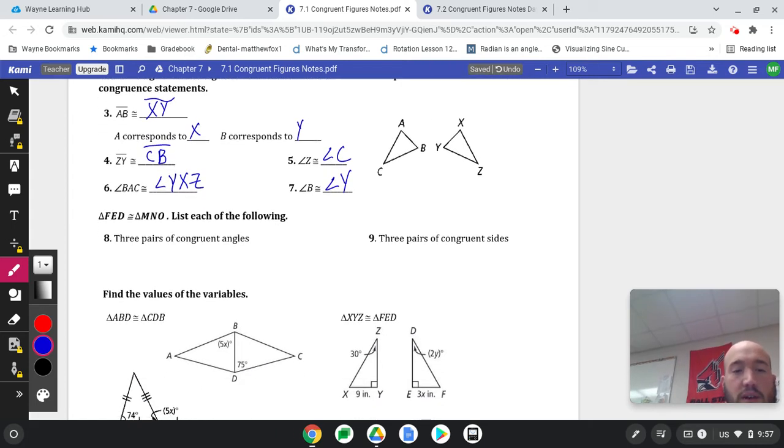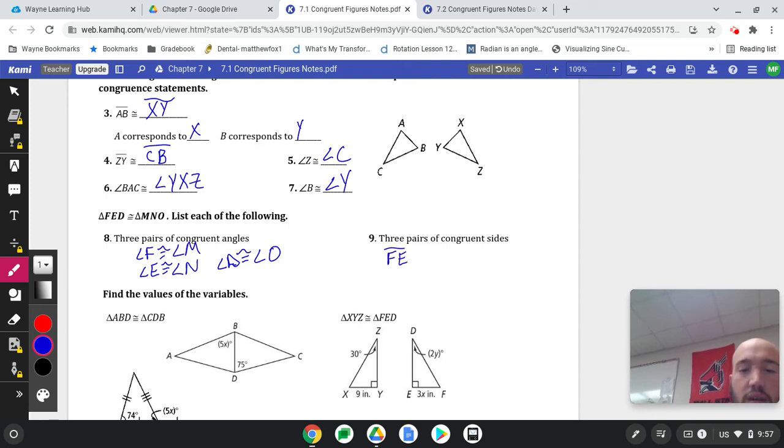All right, 3 pairs of congruent angles. If we look here, angle F will go with angle M. Angle E will go with angle N. And finally, angle D will be congruent to angle O. Our next one, 3 pairs of congruent sides.